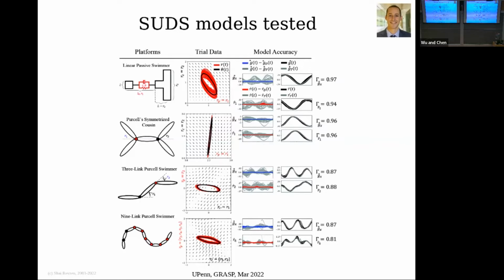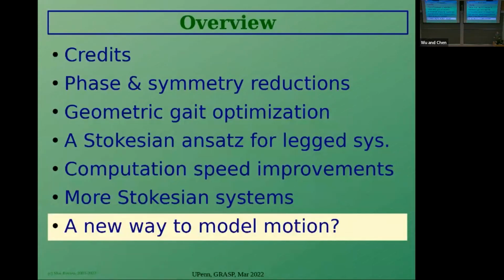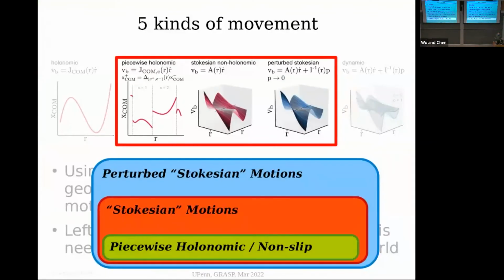So the question is, is this a new way to think about modeling motion for animals and robots in general? And I remind you, there are these 3 kinds of motion that we're talking about that all have the same mathematical structure. The piecewise holonomic, the Stokesian motion, and the perturbed Stokesian motion all have the same algebraic structure. When you actually go and do the regression, you're going to get basically the same computation.